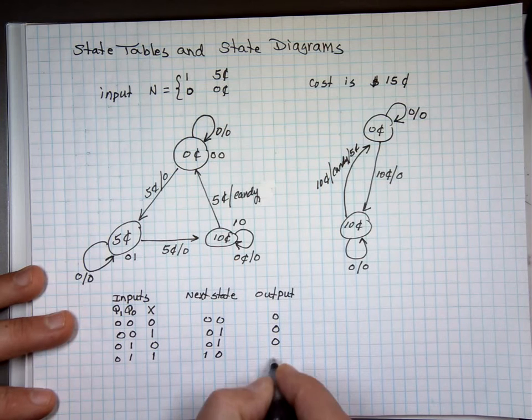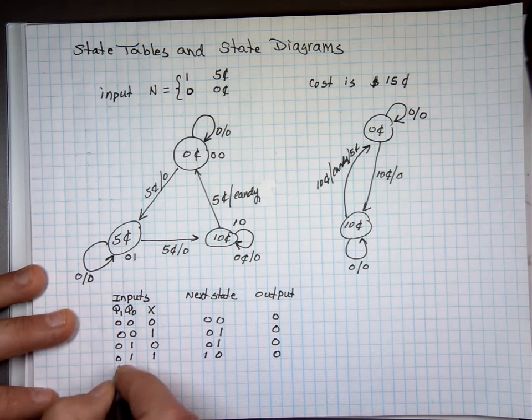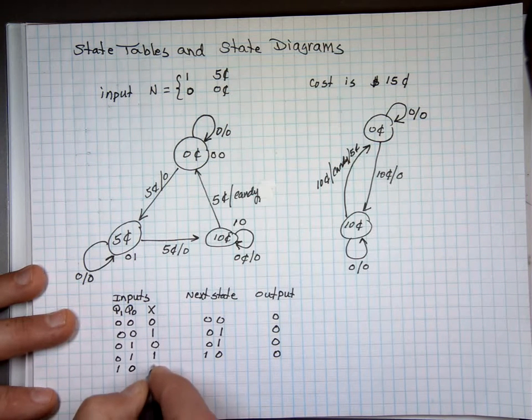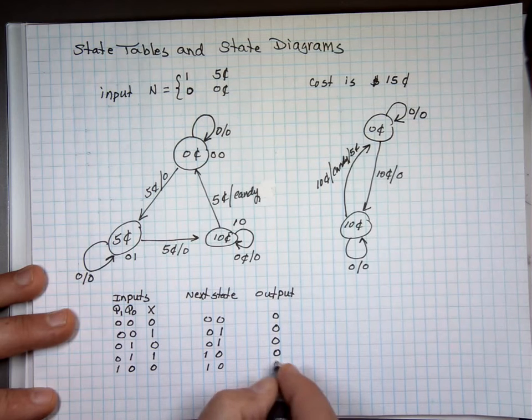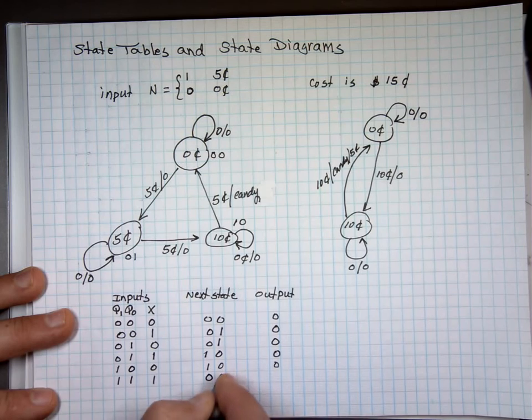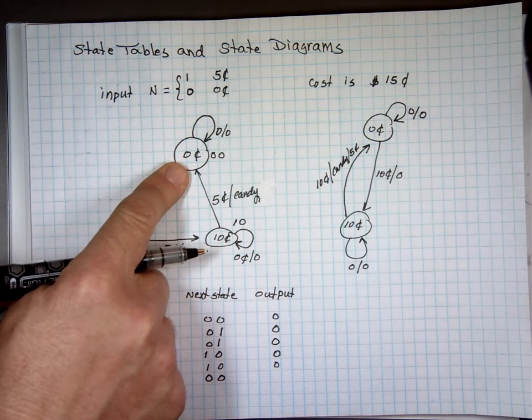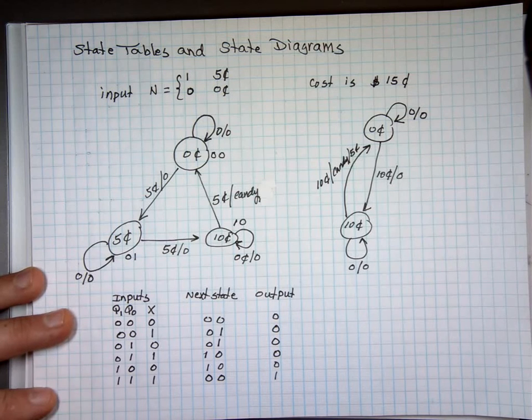You get a candy? No. If I am at 1, 0 and I put nothing, I stay there and no candy. If I'm at 1, 0 and I put 5 cents in it, where do you go? 0, 0, you reset, and you get a candy.